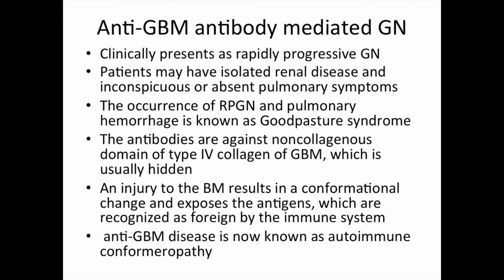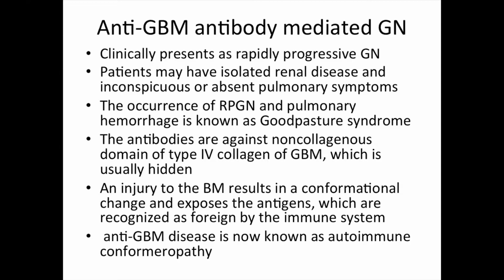If you go back to the lecture in which we were talking about the structure of the glomerulus and diseases of the glomerular basement membrane, you know that we have type 4 collagen in the glomerular basement membrane. We have a non-collagenous domain in type 4 collagen in the glomerular basement membrane, which is usually hidden, meaning it doesn't show.